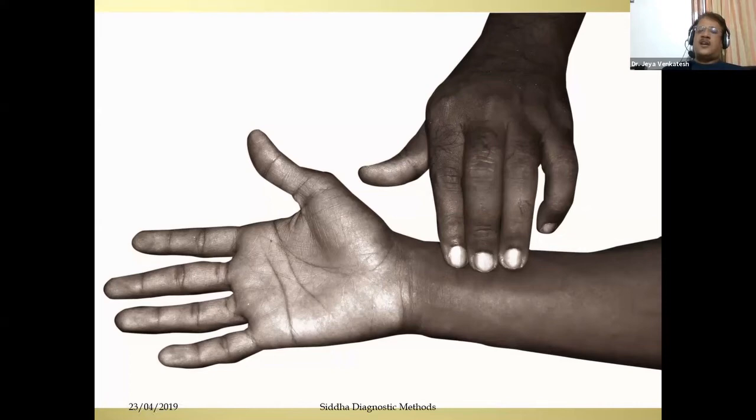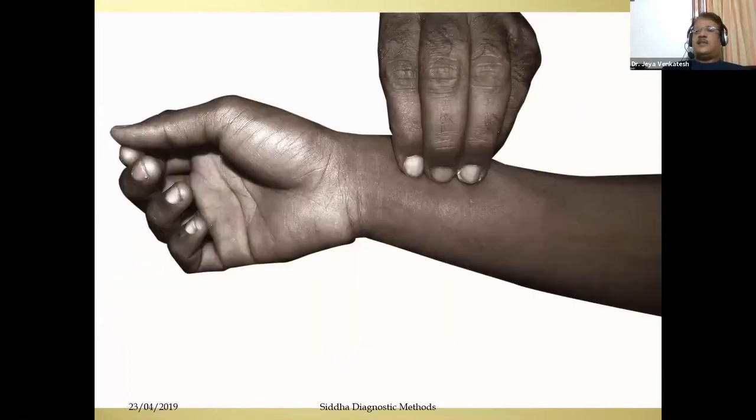So our ancestors told the resembling of some movement related with the pulse to denote the disease. This is one method of observing vatham, pittham, kapham.